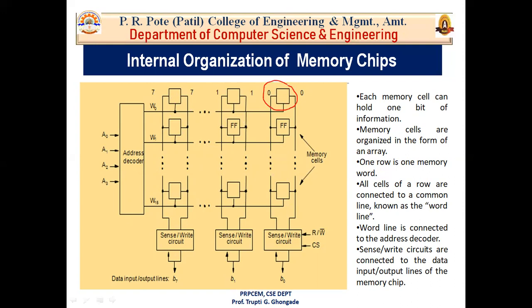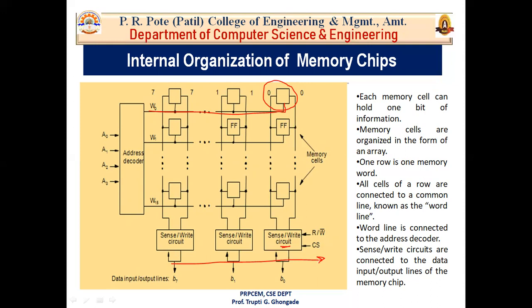This memory cell is connected to a word line W0. It is also connected through bit lines B7 and B dash. Then through these bit lines, it is connected to a sense write circuit. From the sense write circuit, it is connected to the data input output lines, that is, to the computer bus. So this is the configuration.